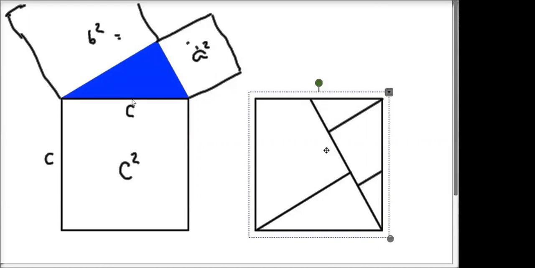In this case, you can see we've got C is this side, and then B, the other side of the triangle, and then A. So basically we construct squares using these three sides.